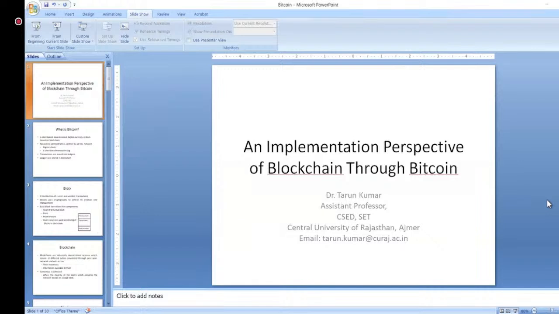So as decided, today I will present an implementation perspective of blockchain through the basic design of Bitcoin. And this is the need of today, because when we talk about blockchain and the development of blockchain applications, there are two ways. One is in the form of smart contracts. We can develop smart contracts in different languages like Solidity and Java.